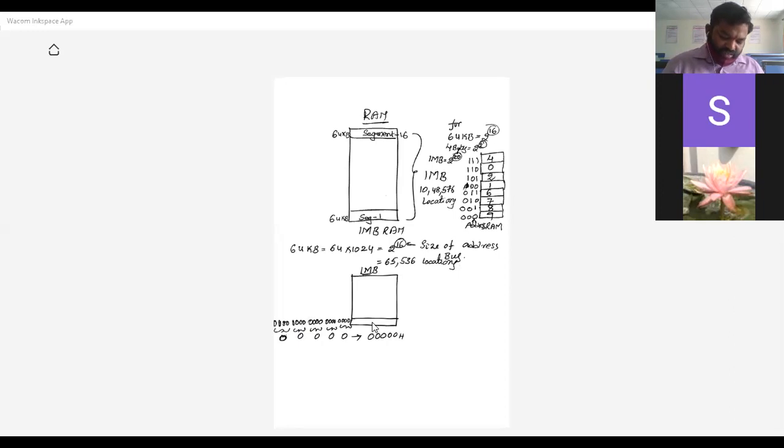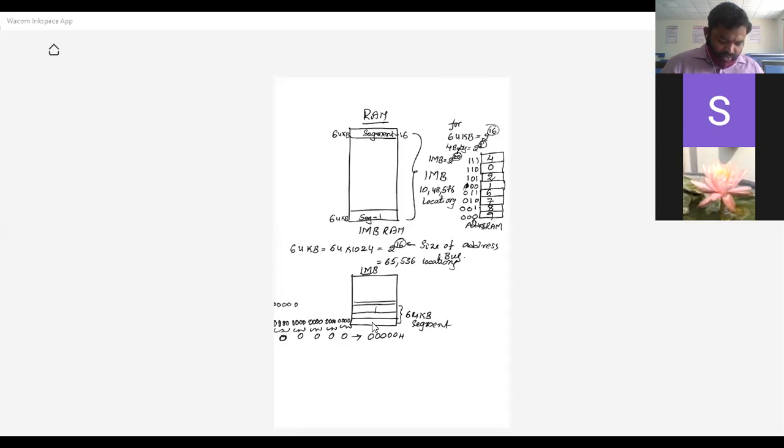First memory location address, then the second memory location address. For example, this is a 64 KB segment. The starting address is all zeros, and in between there are plenty of memory locations. Then the last one.